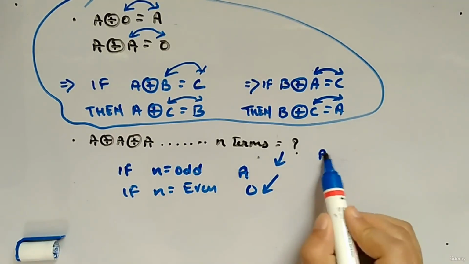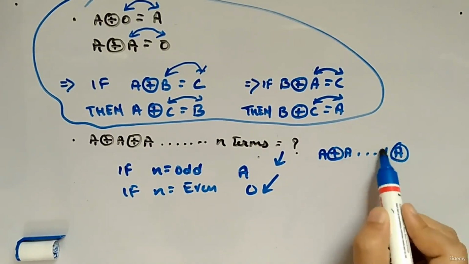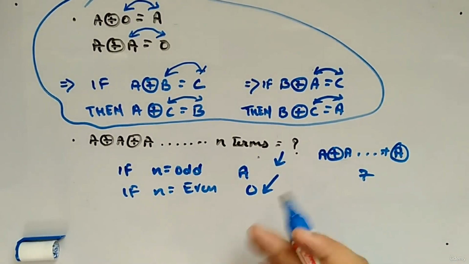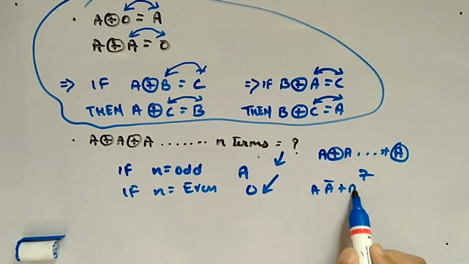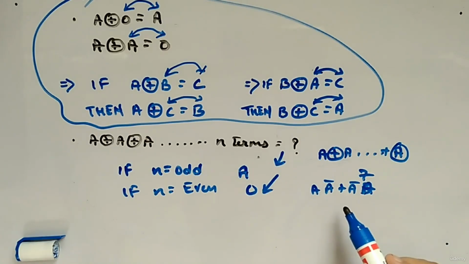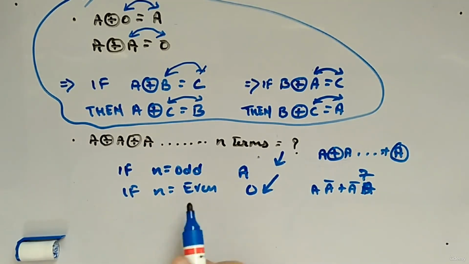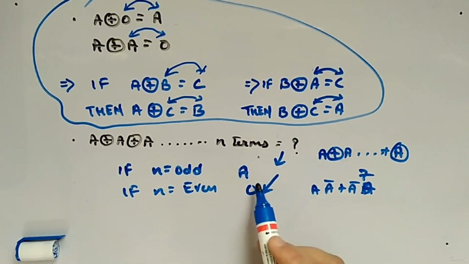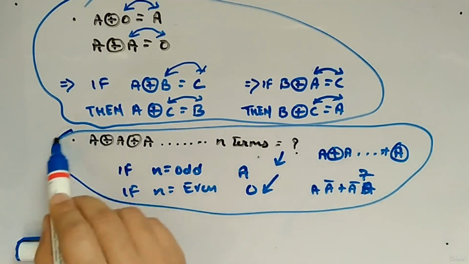Even if they give you A XOR A till 7 terms, it is a very tedious task to open them, and it will consume a lot of time. It's better you generalize it with odd and even number. Check how many terms there are, odd or even, and depending upon that you will have either A output or 0 output. So this is another property.